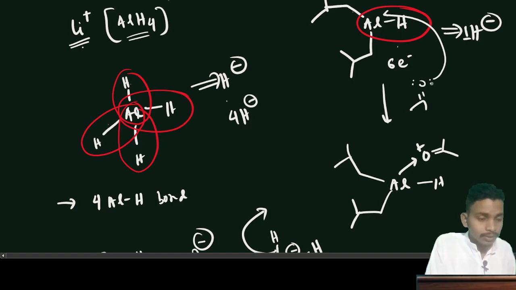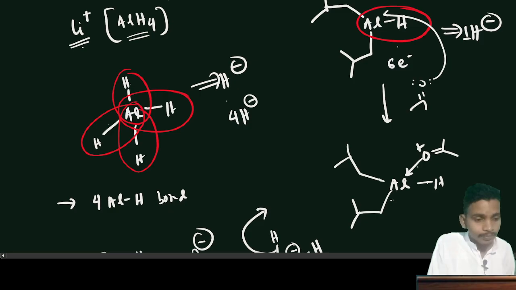Because this oxygen gives the lone pair to this aluminum, this gets a delta positive charge. Now it gets 8 electrons, counting 1 2 3 4 5 6 and 7 8, because it receives the 2 lone pair electrons.